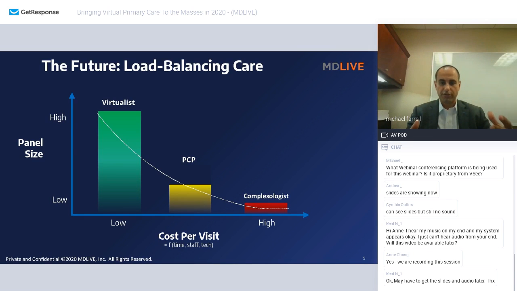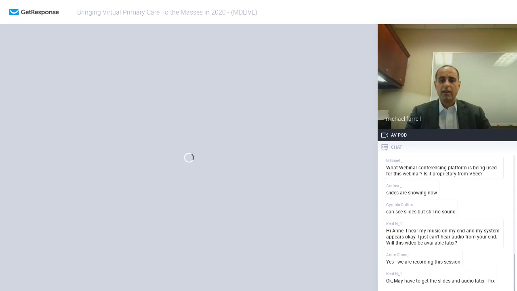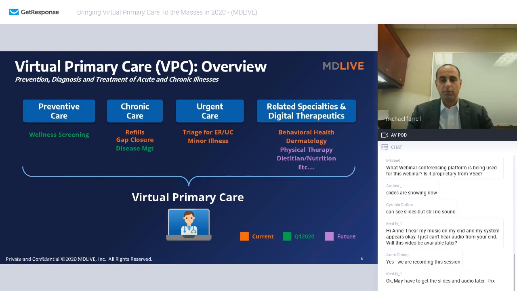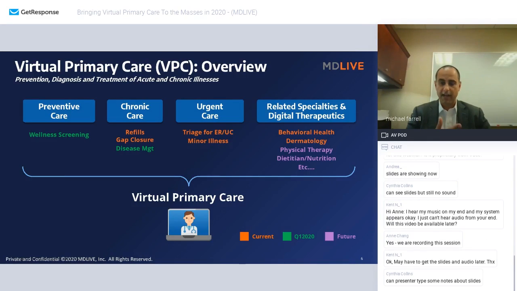So that's what we're trying to really solve here, is how do we bring access to the masses to reduce costs and to allow organizations and healthcare institutions to focus on the patients that they need to focus on in their brick and mortar setting in the most efficient and effective manner. So when people ask what is primary care, what is virtual primary care today, it's really made up of, I would consider, your three predominant pillars, and that's your preventive care, your chronic care, and your urgent care.